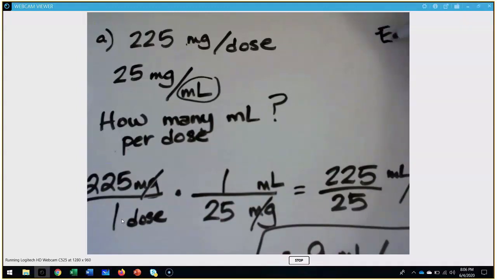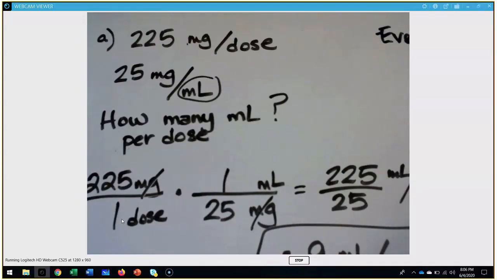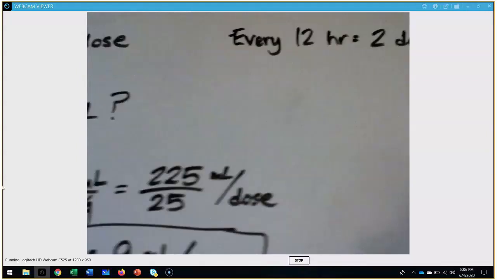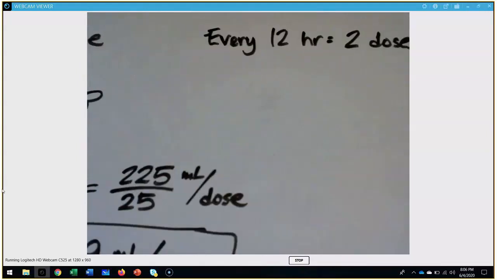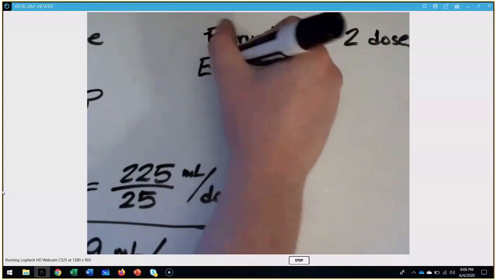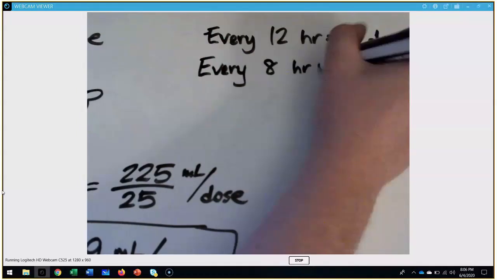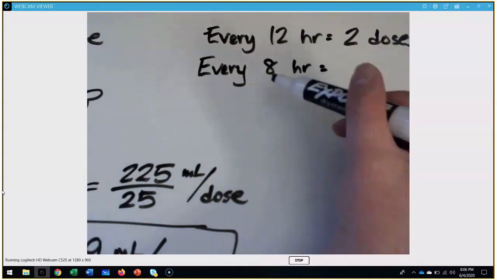So if it's every 12 hours, that's 2 times a day. Every 12 hours would be 2 doses. It could be every 6 hours or every 8 hours, all based on 24 hours.